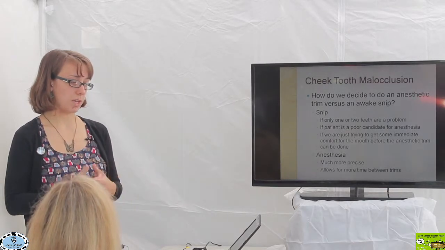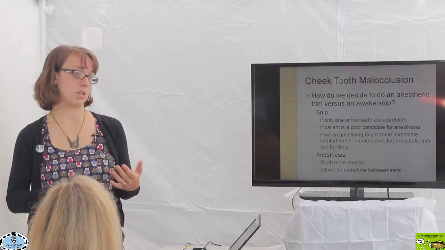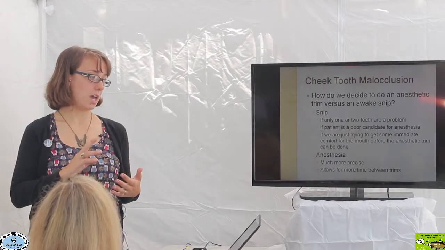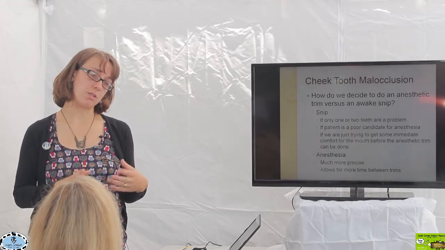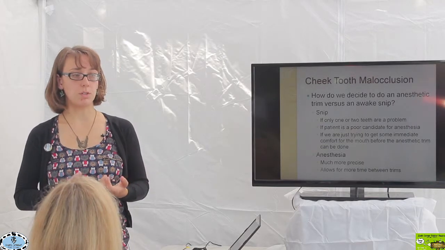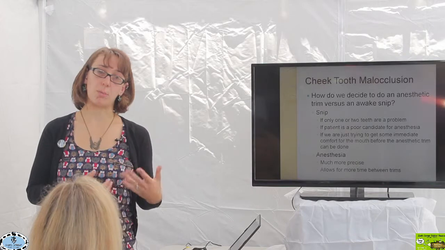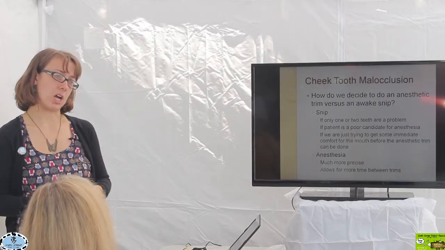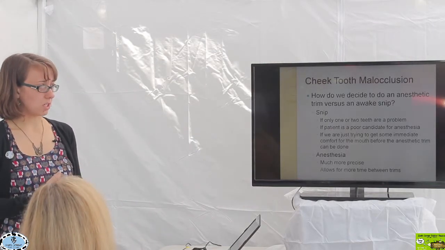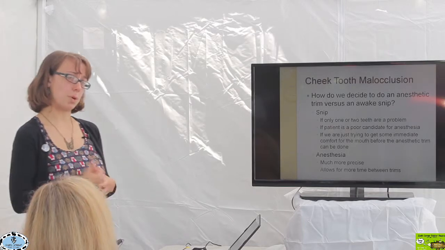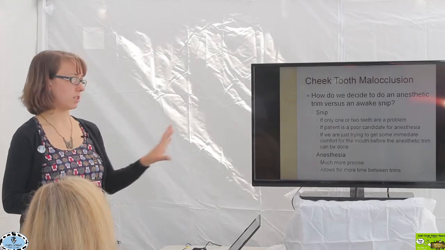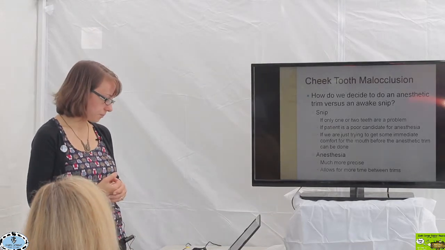As you can see with the one picture where we're hooked up to monitors and we're breathing for them, we have them on IV fluids, they're monitored very closely. But there are certain animals who maybe are a little bit more sensitive, or some elderly animals who have other problems going on that would make anesthesia a higher risk. In those instances, we may not feel comfortable putting an animal under anesthesia, so we may want to do a molar snip for them instead.